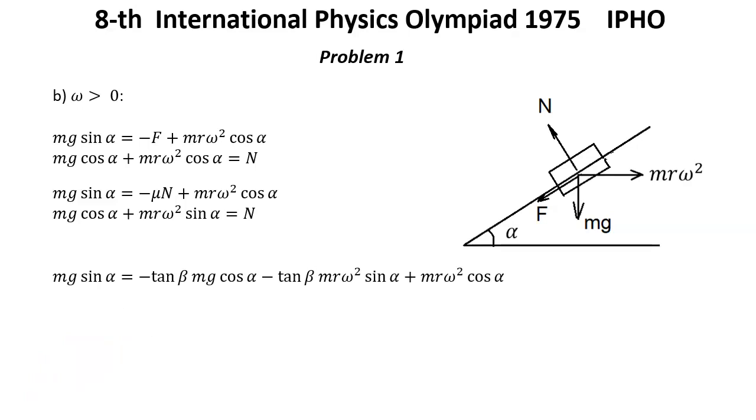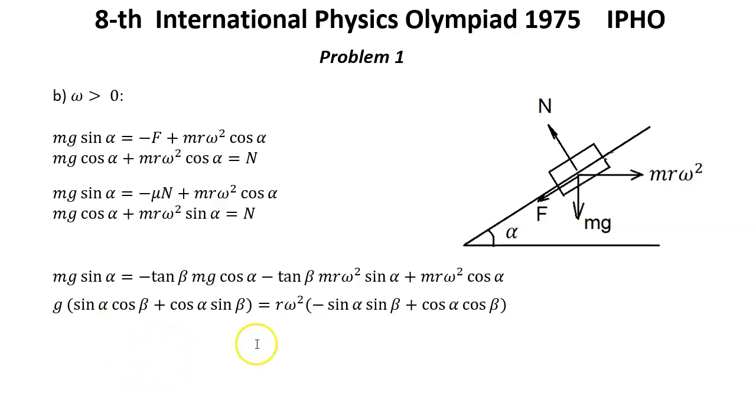Now again we can multiply both parts by cosine beta, and we will get this one. And in this case we have for both parts expressions for the function of alpha plus beta. So we have this one and finally this one.